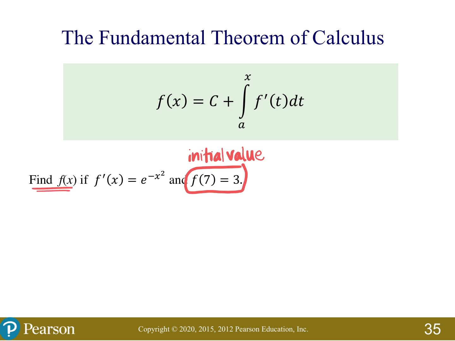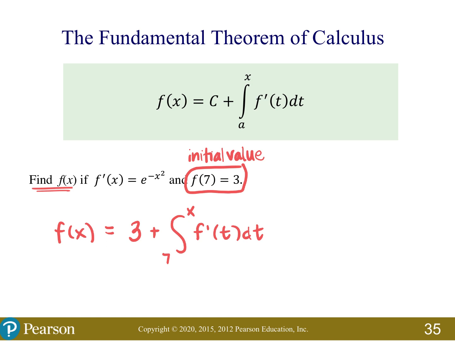Well, according to this model, f of x means I am starting with the value of 3, and my integral will pick up starting at the number 7, and then we'll go as far as I need it to go. Think of this from a geometric standpoint.